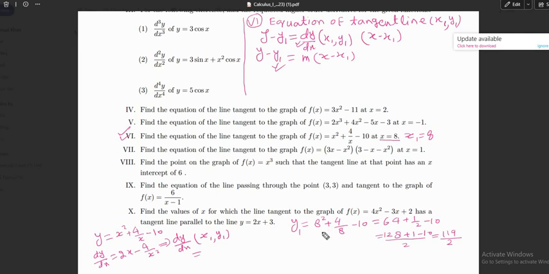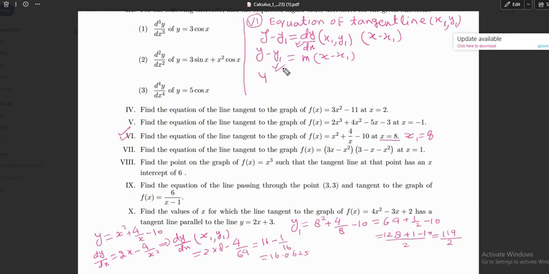So x1 is your 8. 2 multiplied by 8, minus 4 divided by 8 power 2, that means 64. So this will come 16 minus 1 divided by 16, that means 16.0625. Now this is your slope.